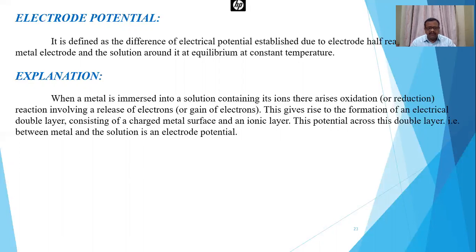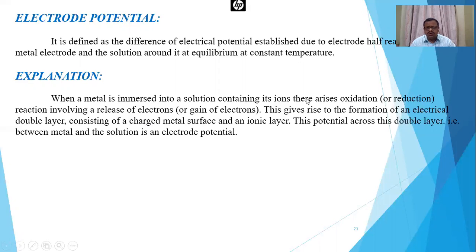When a metal is immersed into a solution containing its own ions, there arises a potential. There arise two different types of reactions, that is oxidation or reduction. Suppose there arises an oxidation reaction involving a release of electrons, or sometimes there is a gain of electrons.